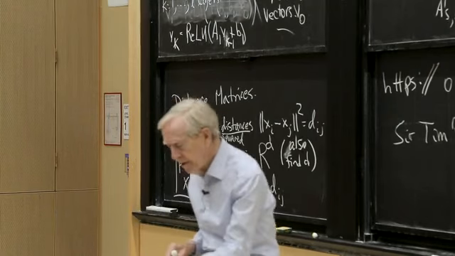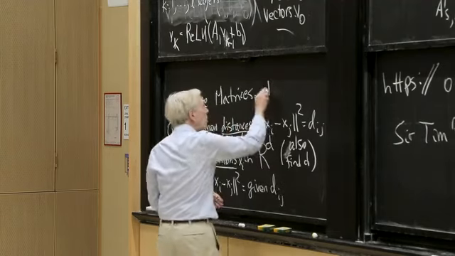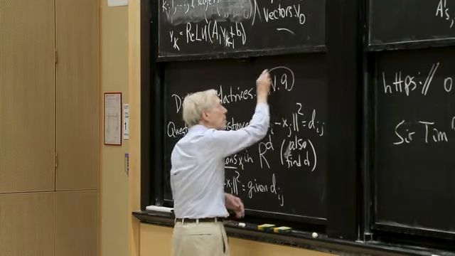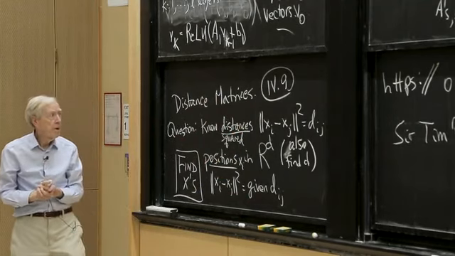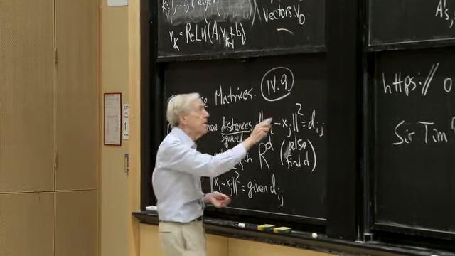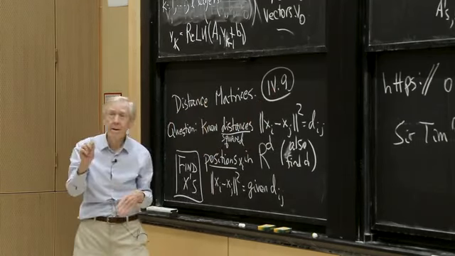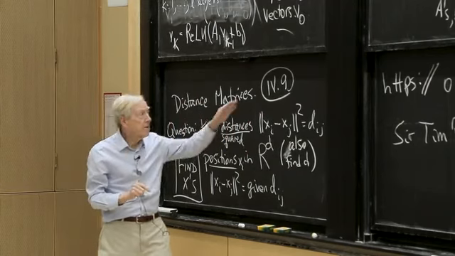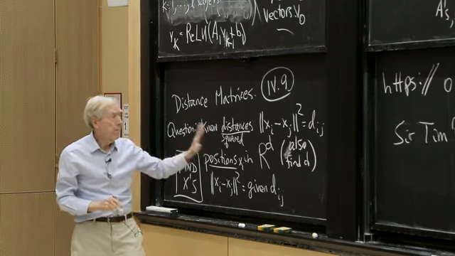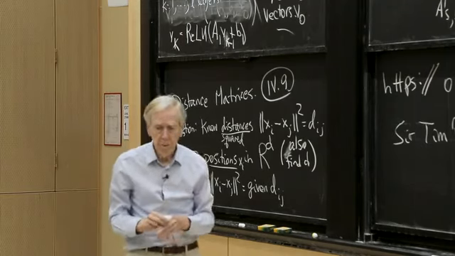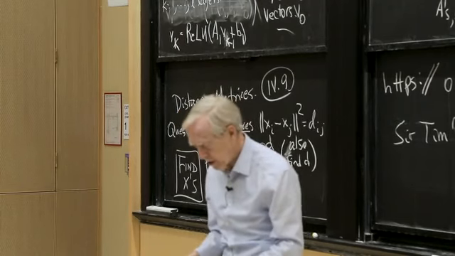So this is section 4.9, previously 3.9, but chapters 3 and 4 got switched. Other topics are trying to find their way in. So that's the reference on the web, and I'll get these sections onto Stellar.